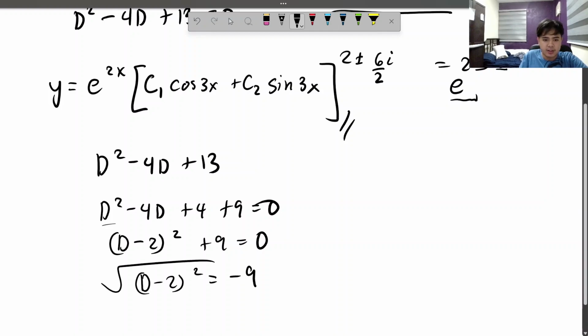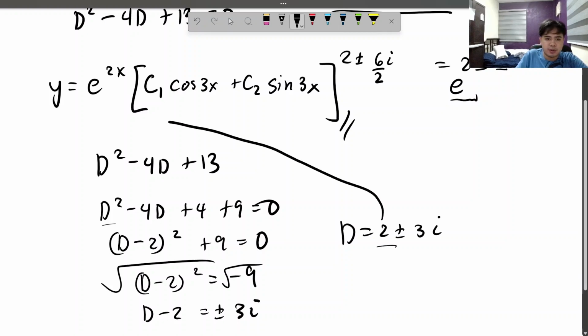Square root both sides to get rid of this, we get d minus 2 equals plus or minus 3i. Or d equals 2 plus or minus 3i. So the 2 represents this one. Let me just point it out. It represents this one. And the 3i represents these ones. So that's it.